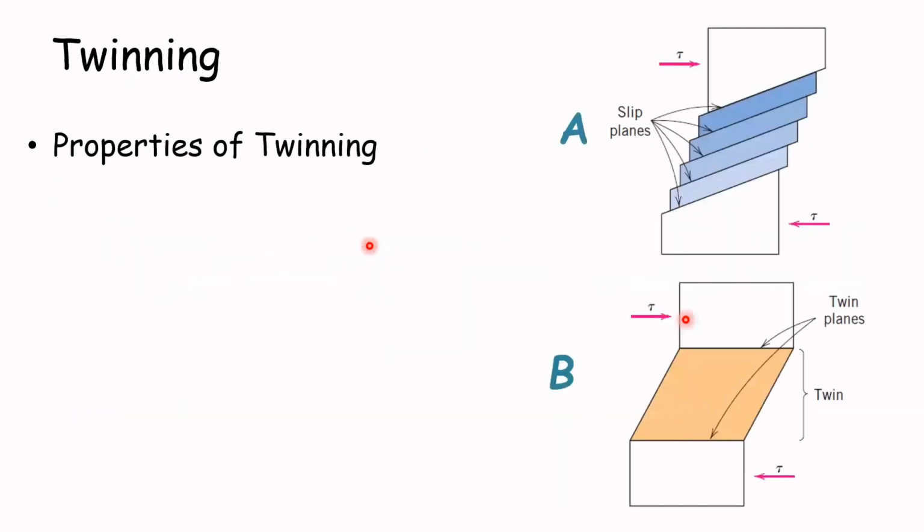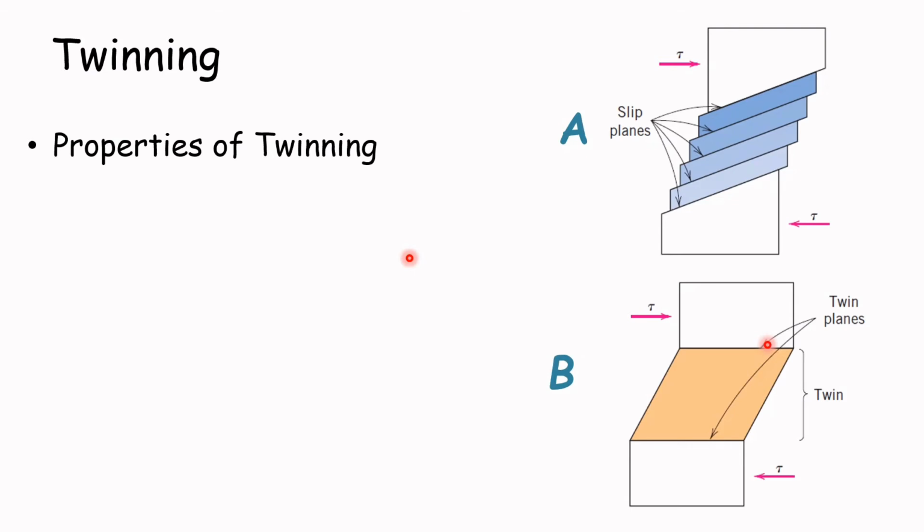And here are some properties of twinning. It mainly occurs in metals with BCC or HCP crystal structure, two of the three common crystalline structures: BCC, FCC, and HCP. The HCP structure is the most likely to form deformation twins when strained, or when we apply force, mainly due to the lack of slip systems.